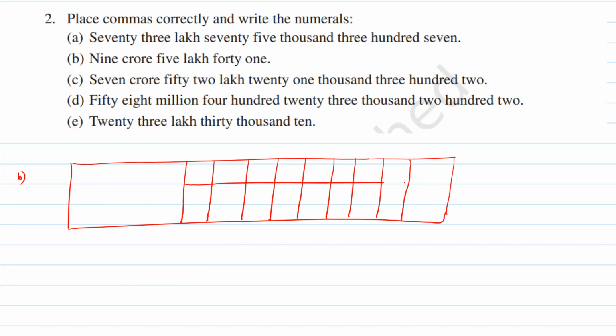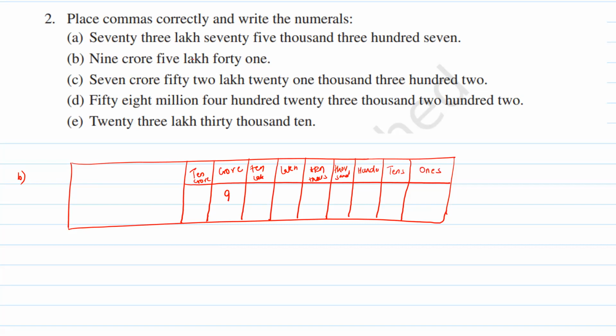So it is going to be 9 crore 5 lakh 41. This is 10 crore. This is crore. This is 10 lakh. This is lakh. This is 10,000. This is 1,000. This is 100. This is tens. And this is ones.